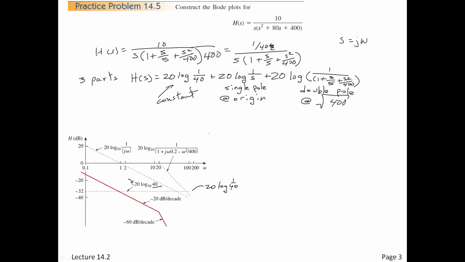Then we've got the single pole at the origin, right? And the origin being right here. And this is the minus slope of 20 dB per decade, right? So in this, they've reinserted J omega for S, which is fine. So there's our single pole at the origin.